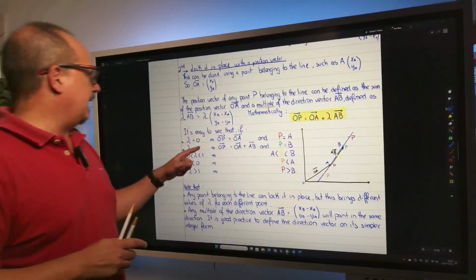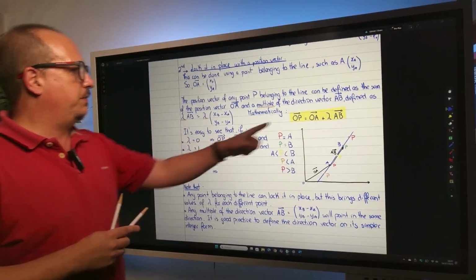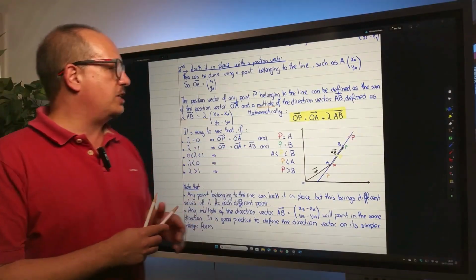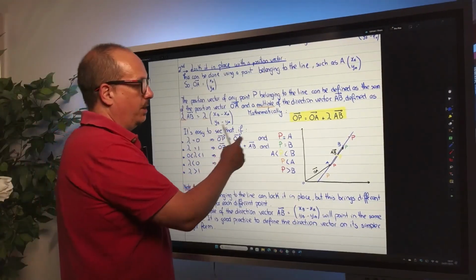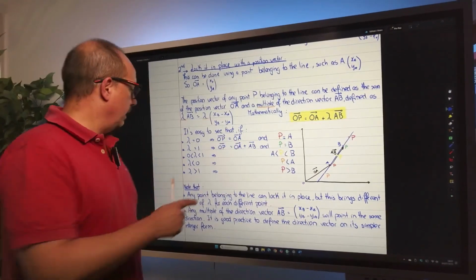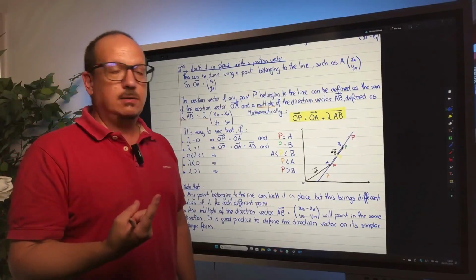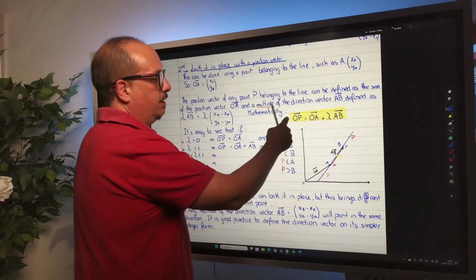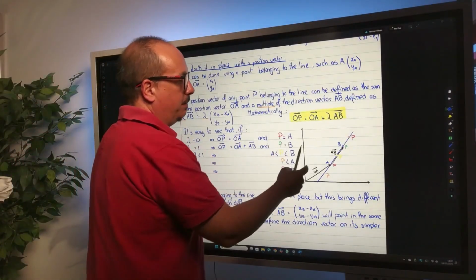It's easy to see that if lambda is 0, then OP is just OA, okay? And the point P is going to be the point A. If lambda is 1, then OP is going to be OA plus AB.